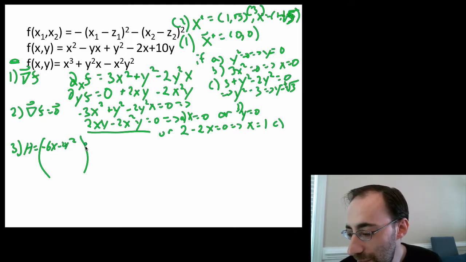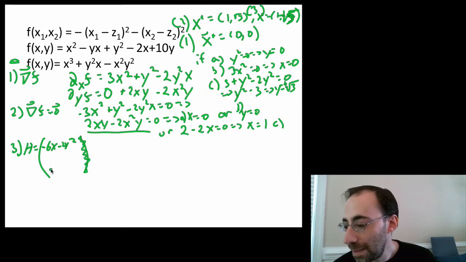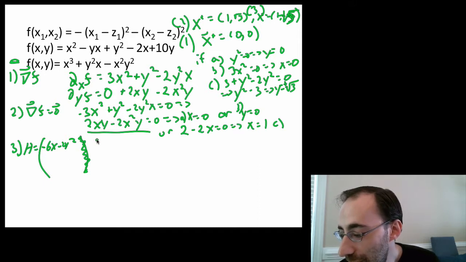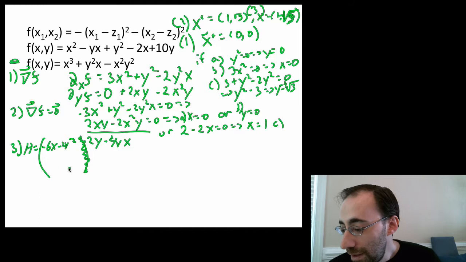I really should have left more room. Let's just forget this thing over here. Can't erase, unfortunately. The cross partial is the derivative of this with respect to y, which is 2y minus 4yx.